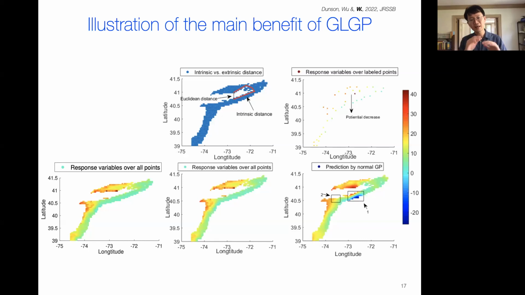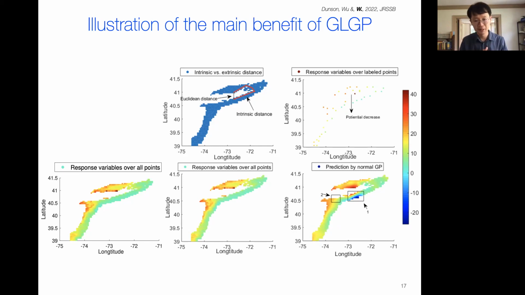Okay, and for this data, we have some ground truth response variable, which is shown on the left lower subplot. On the top right subplot are our subsampling points, and those subsampling points we have labeled. On the bottom middle, that is what we can recover if we respect the intrinsic geometry distance by using the Graph-Laplacian Gaussian process.